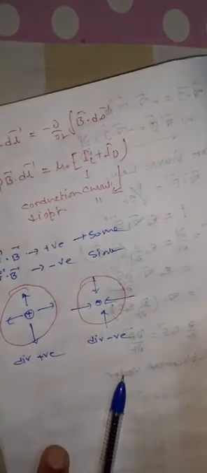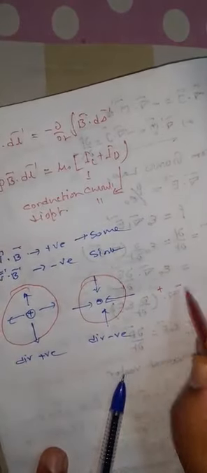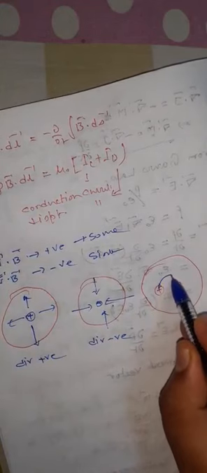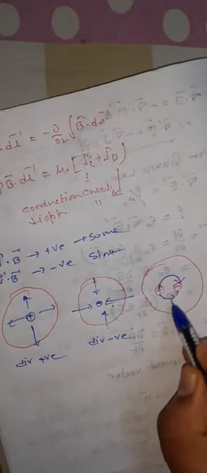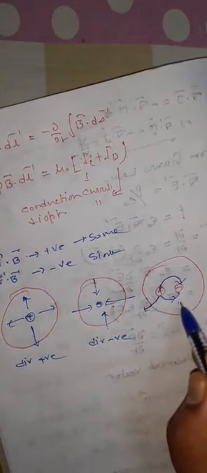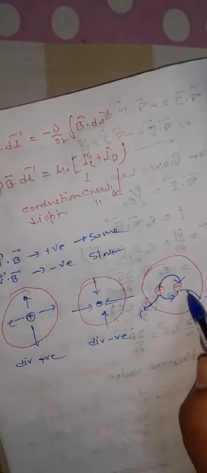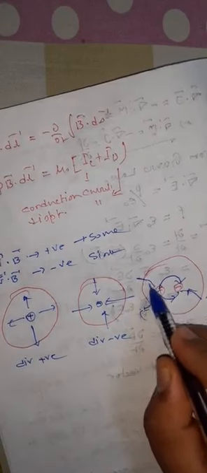Clear? Now if I have both a positive charge and a negative charge and I have a surface, then electric field lines will generate from this end, come here, but again come back here. So one going out, one going in.